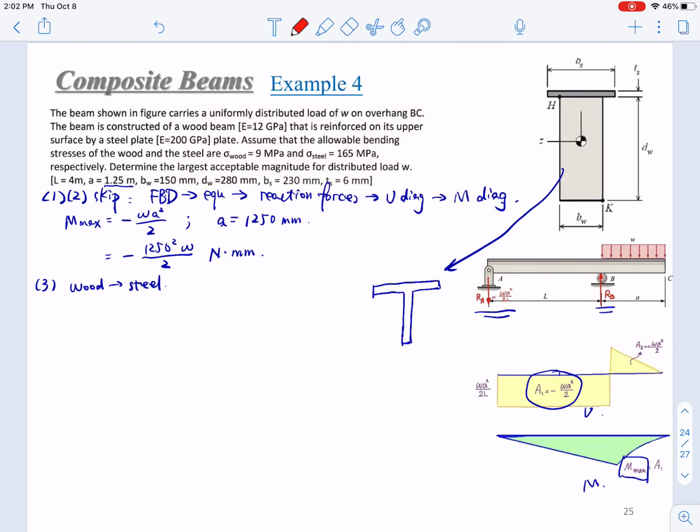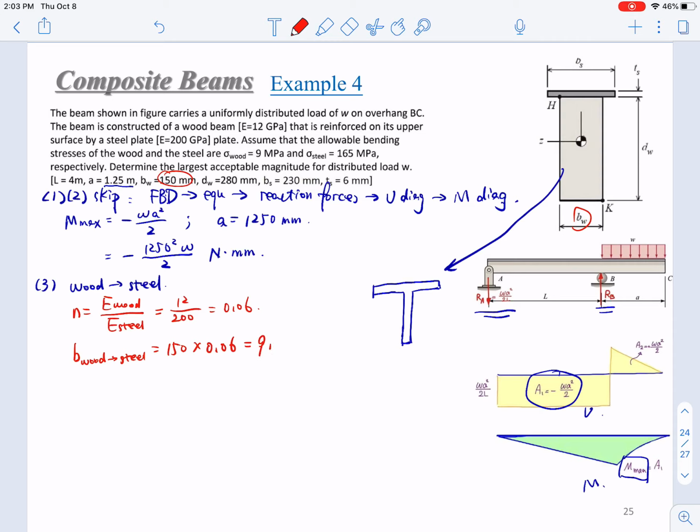So the n will be E wood over E steel, over 200, 0.06. So the new width when wood is transformed into steel will be 150 millimeter, the b_w here, times 0.06.